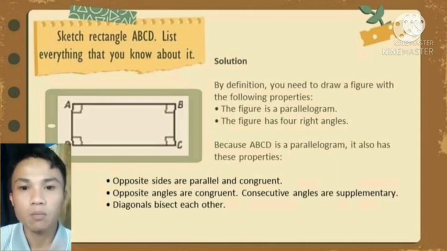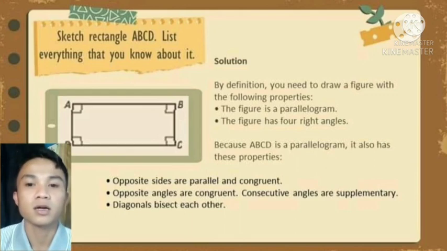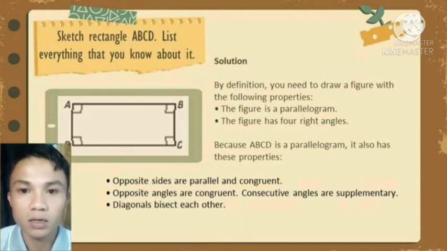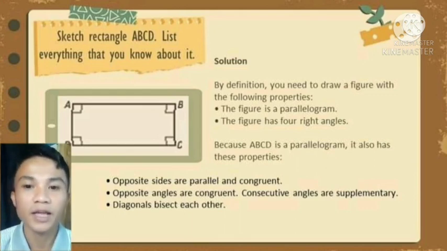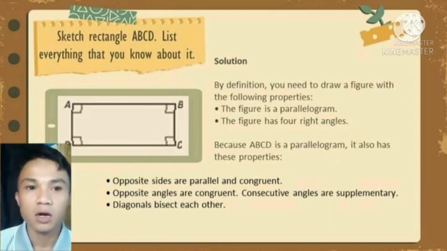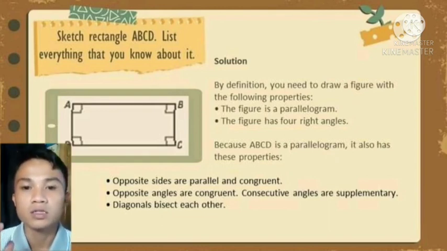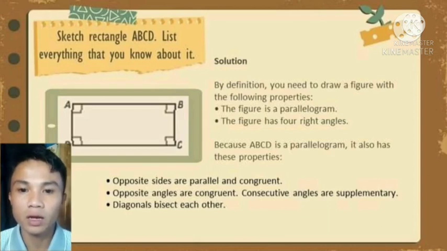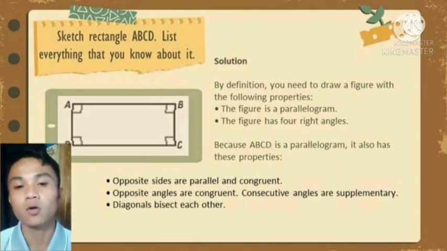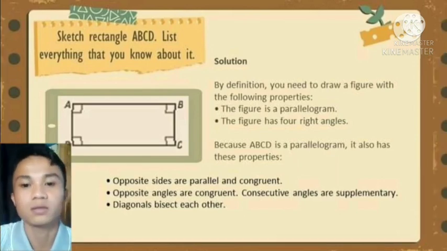So kaya nag-bisect yung line AC at saka yung line. May nag-bisect doon. So by Theorem 8.13, yung diagonal, masabi natin na rectangle yung isang figure, which is yung diagonal na ABC, if that angle at saka yung opposite angle at saka opposite side is congruent.